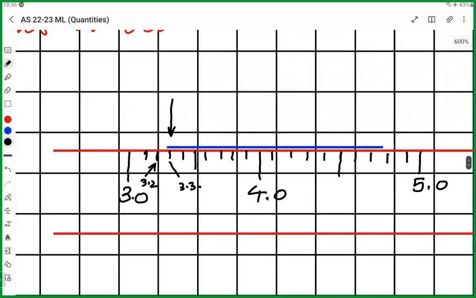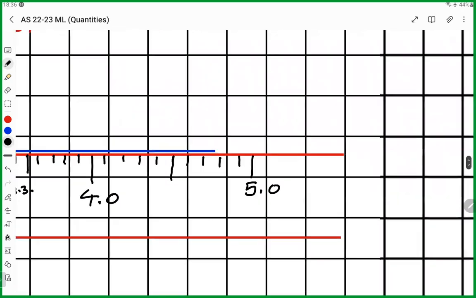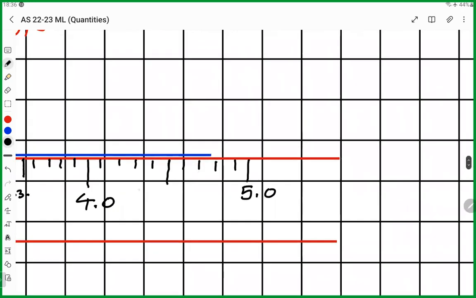You cannot make it 3.28 even if you think it is very close to 3.3. You have to decide whether it is 3.2 or 3.3. Do you think this will produce some doubt in the measurement? Similarly, this one is 4.7 and this is 4.8, so make a decision whether it is 4.8 or 4.7.